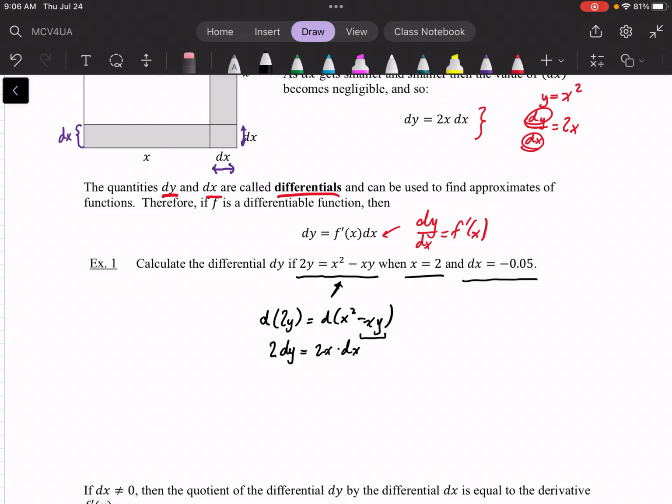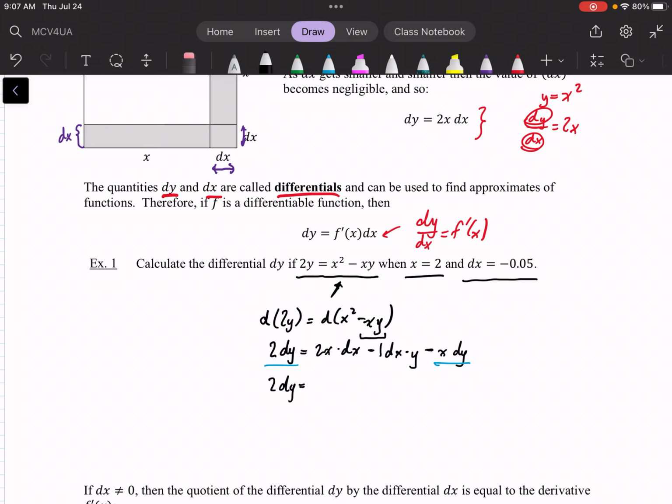Here we've got a product of two functions, so I find the derivative of x, which is just 1, multiply it by dx times y, and then leave x alone and find the derivative of y, which is just dy. So now I've got this expression and I can solve for dy. I'll have two dy terms, one on this side and one on this side, but I can substitute other values in first.